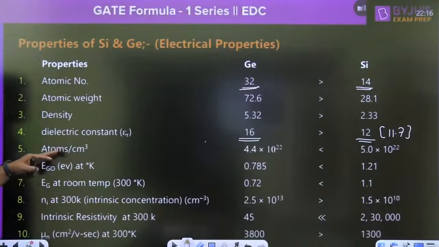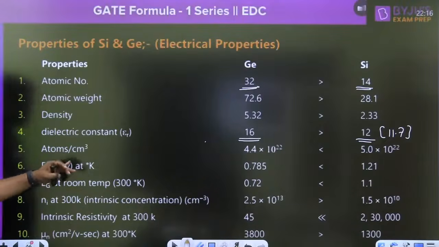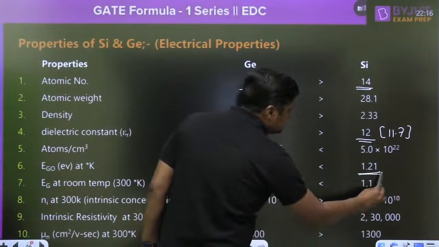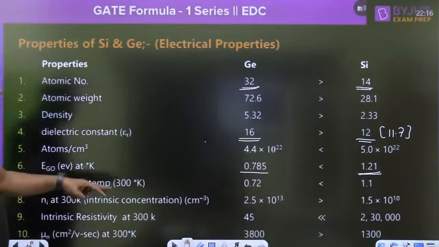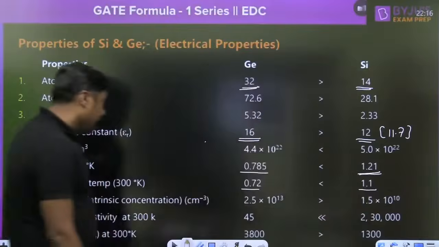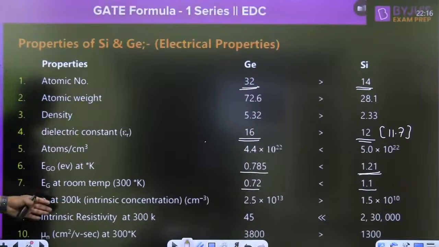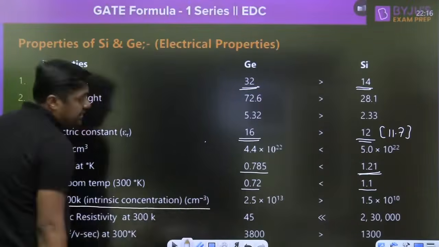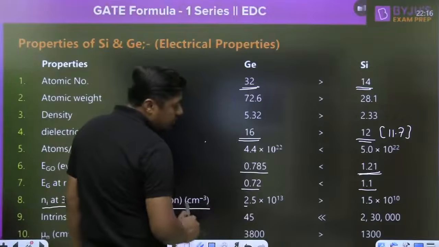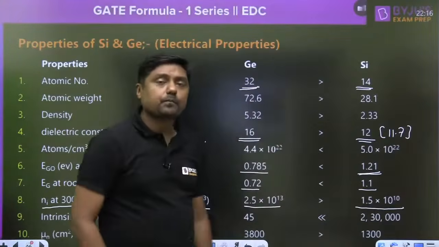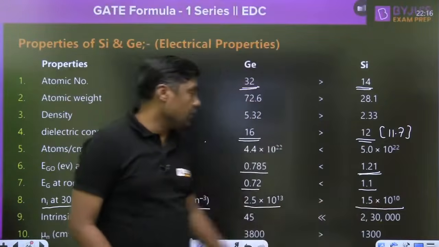Atoms per centimeter cube is normally given in the question. Eg naught, yes, it is required, 0.785, 1.21. Then at room temperature, Eg naught becomes 0.72 or 1.1 electron volt. Intrinsic carrier concentration, sometimes it is given in the question, sometimes it is not. Then you have to use the standard value. 2.5 into 10 raised to power 13 for germanium and 1.5 into 10 raised to power 10 for silicon. These are the important values.